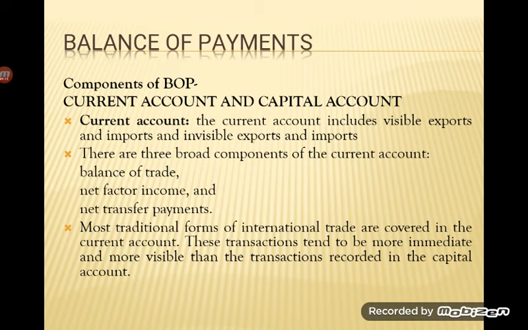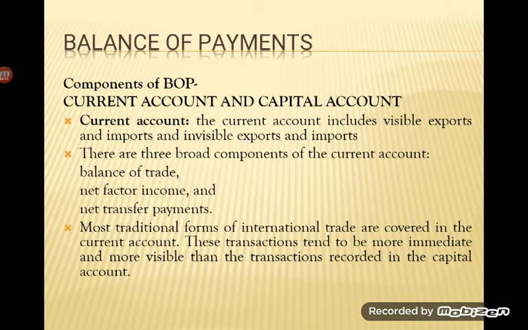Here we are talking about income: how much income we have earned through factors, that is capital goods. Then net transfer payments. How much payment is made by the government in the form of loan repayment, donations, etc. will be considered.